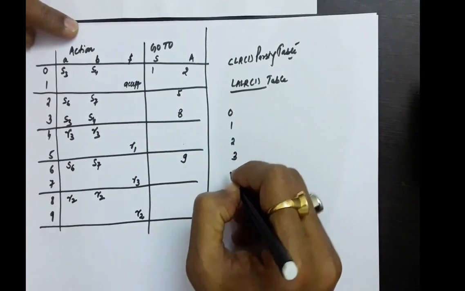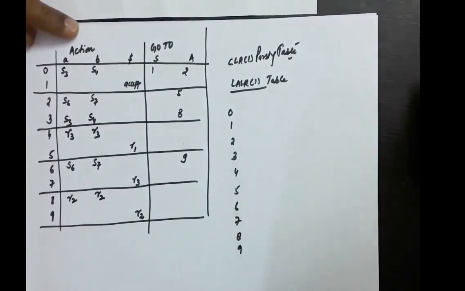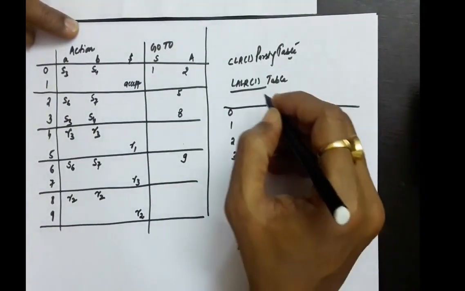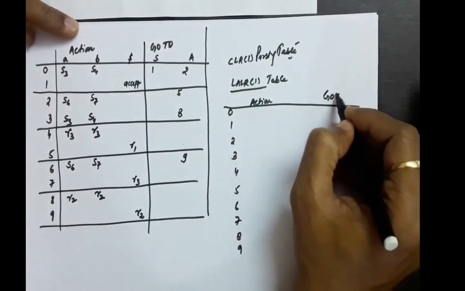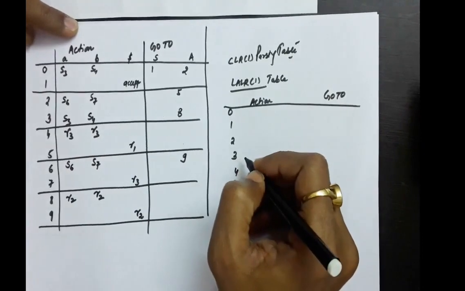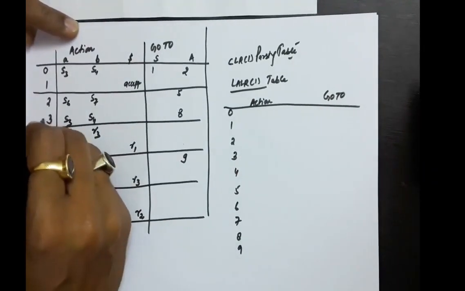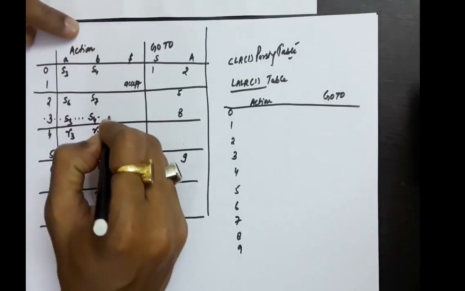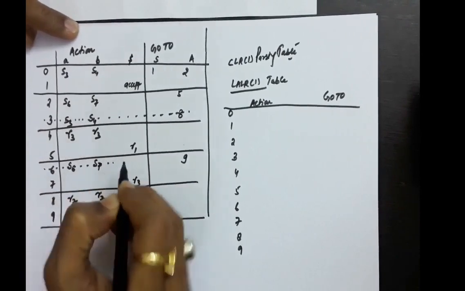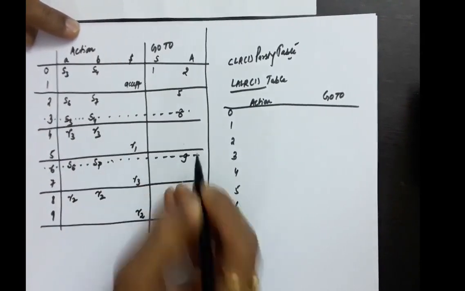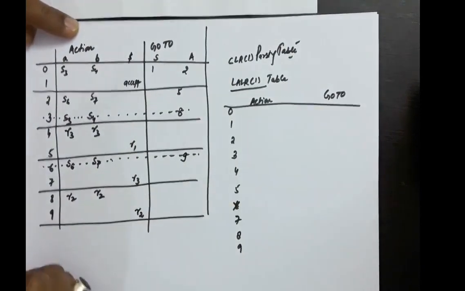So 0, 1, 2, 3, 4, 5, 6, 7, 8 and 9. Action and goto part. So what we are actually doing is merging state 3 and 6. You will not be writing state number 6, you will be writing only state number 3.